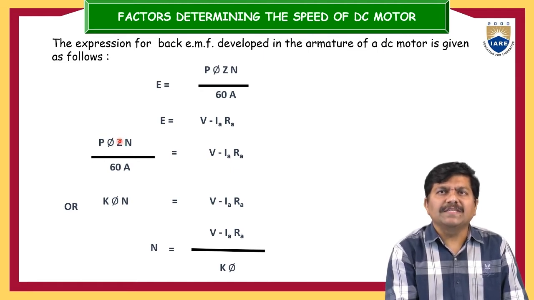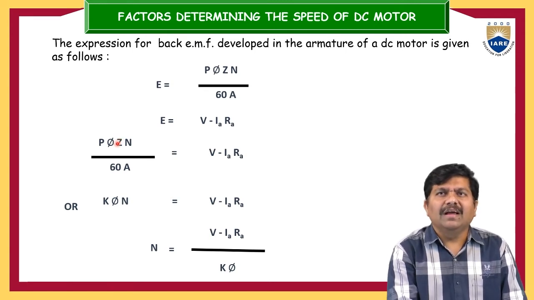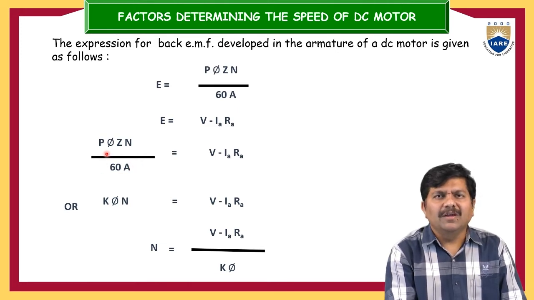Now in this expression, for a particular machine, the number of poles will remain the same and the number of armature conductors will also remain the same. It won't change with changing loading conditions, because for that particular machine, the number of magnetic poles, armature conductors and A, the number of armature parallel paths, remain the same.